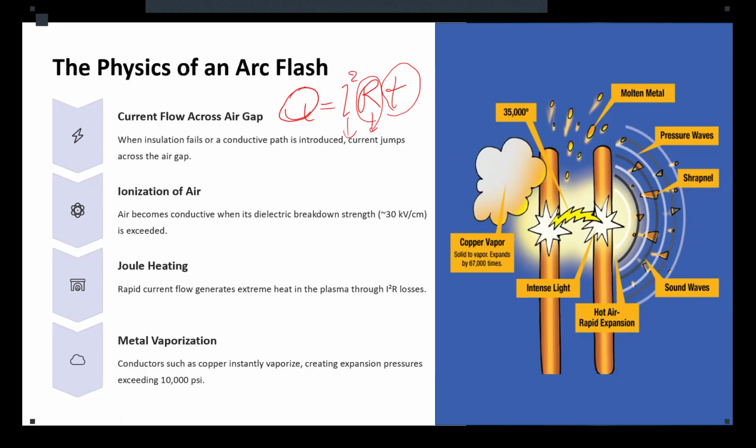Now, even though the resistance of the plasma is low, the current is extremely high.